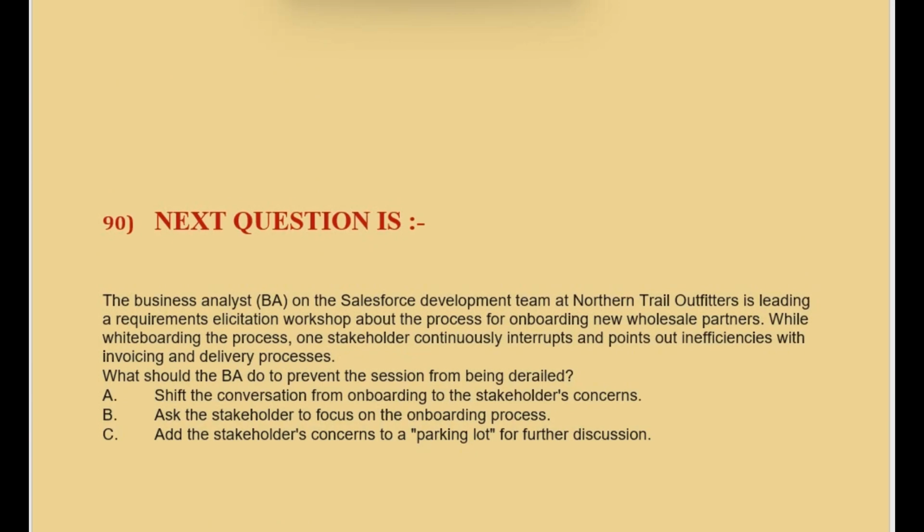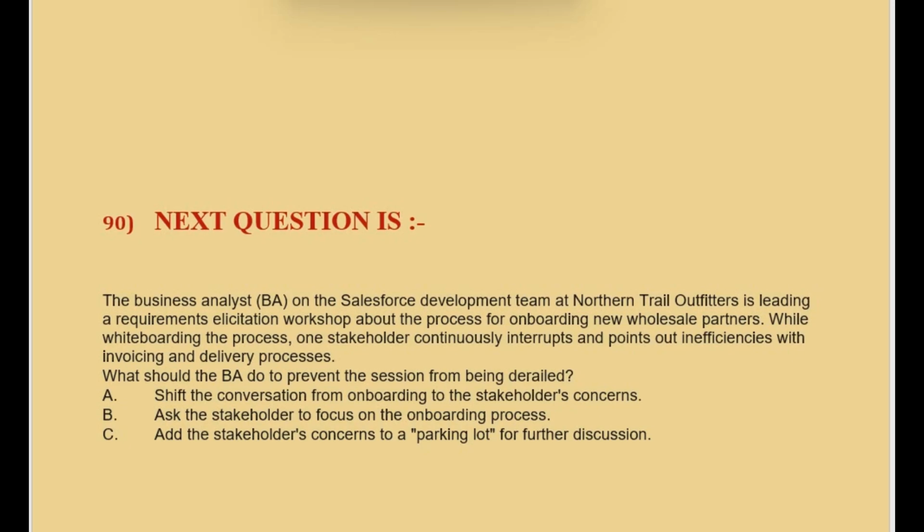Question is, the business analyst (BA) on the Salesforce development team at Northern Trail Outfitters is leading a requirements elicitation workshop about the process for onboarding new wholesale partners. While whiteboarding the process, one stakeholder continuously interrupts and points out inefficiencies with invoicing and delivery processes.